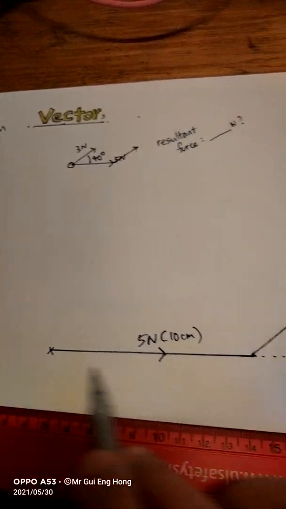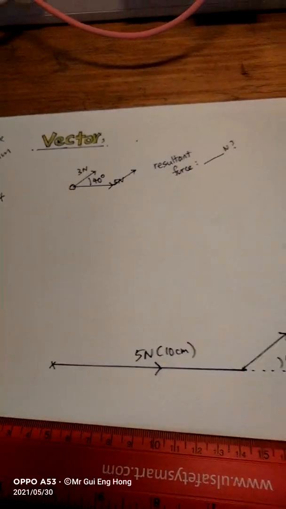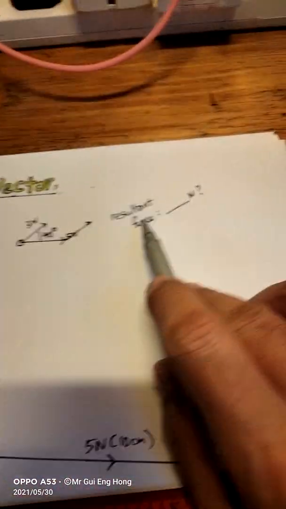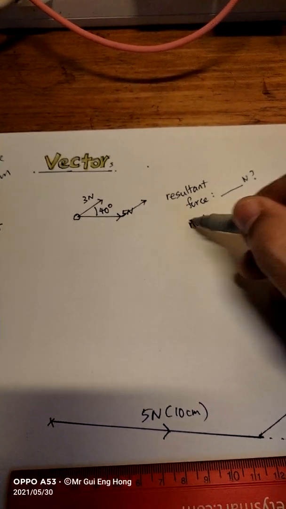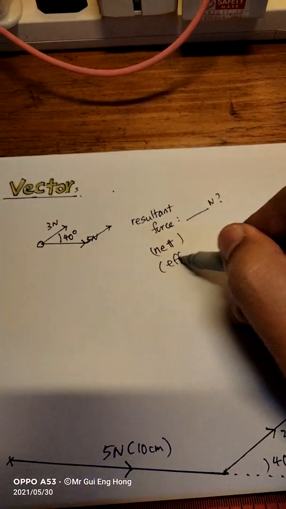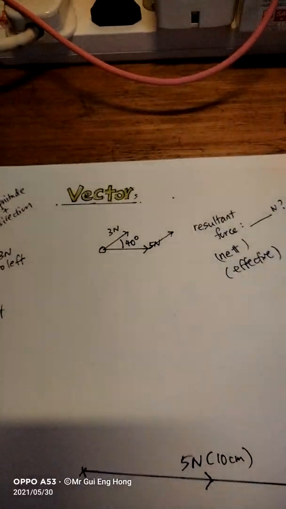So now we have two forces, and you notice that the arrows are flowing. Now how do we get the resultant force, or we call the net force or the effective force? It has the same meaning. So if two people kick the ball this way, what is the resultant force on the ball?